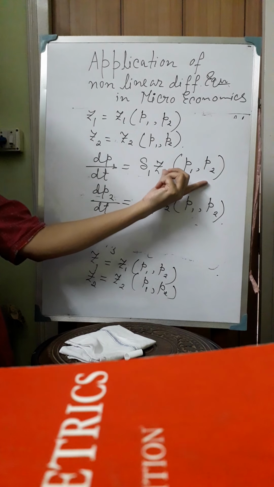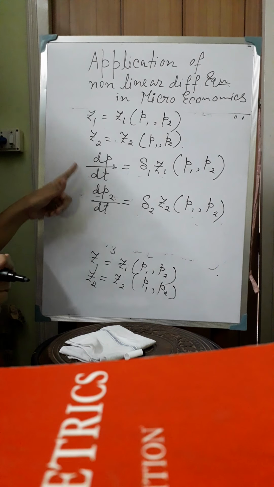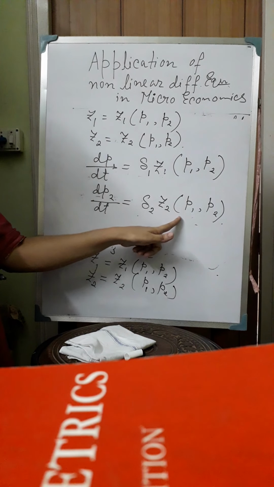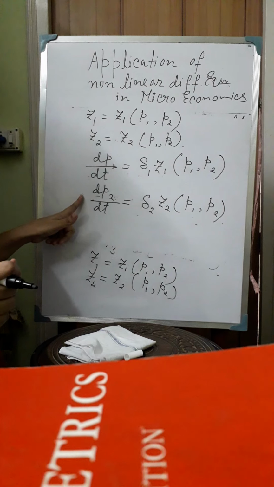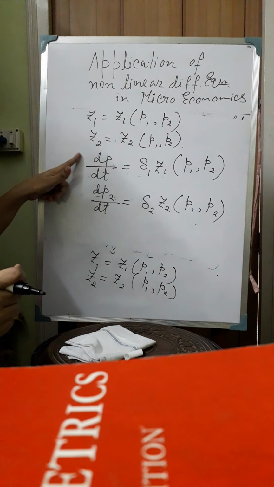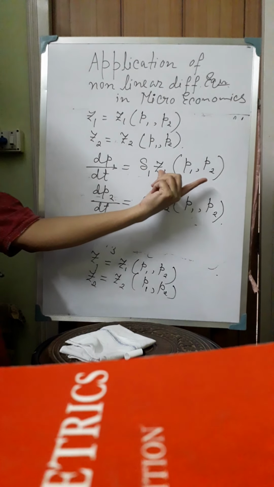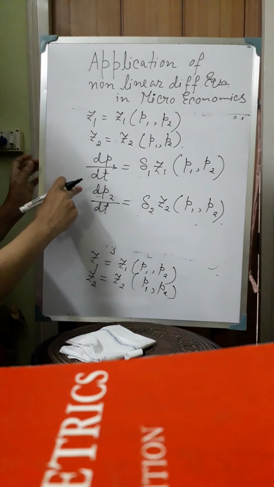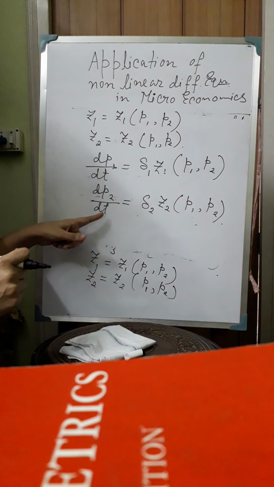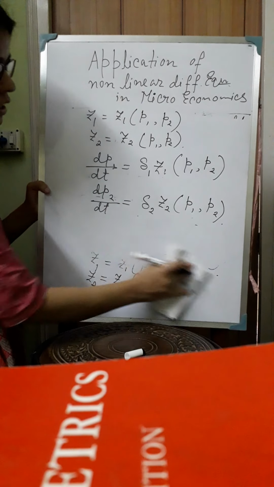If there is a demand for commodity 1, then the price will change. And if there is a change in demand for commodity 2, then automatically the price for commodity 2 will change with time. So this equation is saying that dP1/dt, the change in price of commodity 1, depends on demand for commodity 1, and the change in price of commodity 2 with respect to time depends on demand for commodity 2.